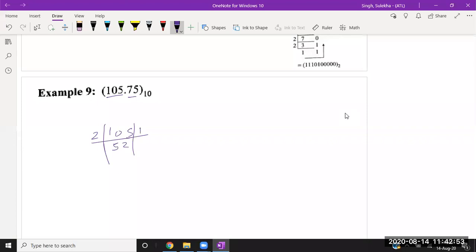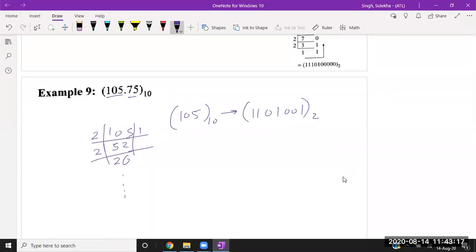Again, if you divide by 2, you get 26, and so on. If you convert 105, you will get the binary number 1101001. This we already know from before.